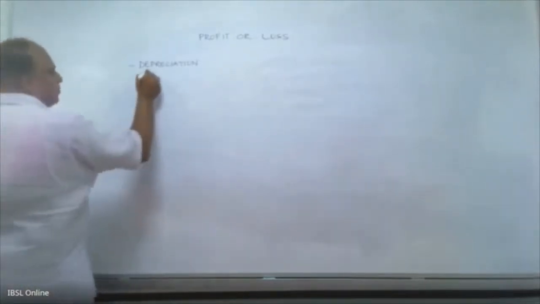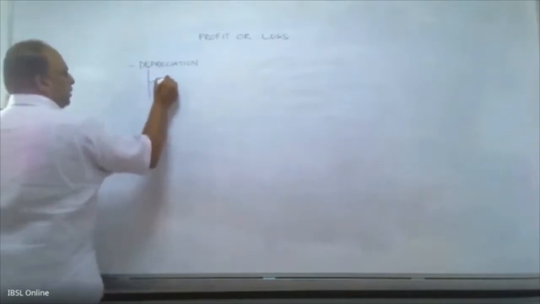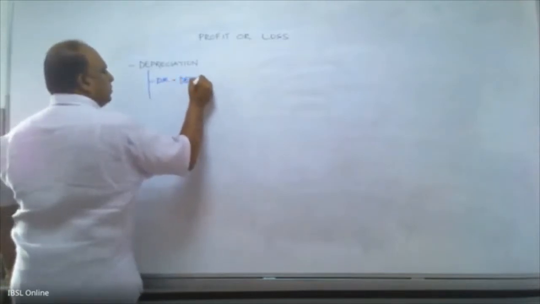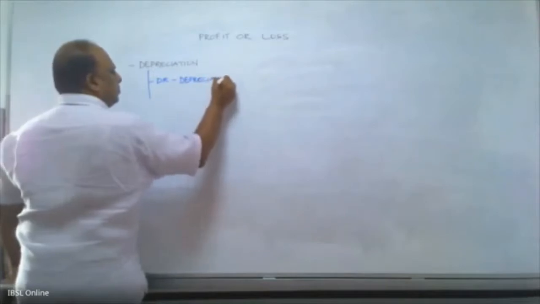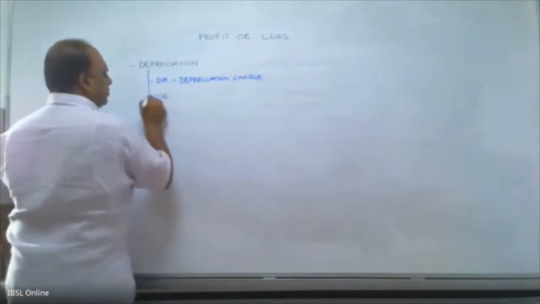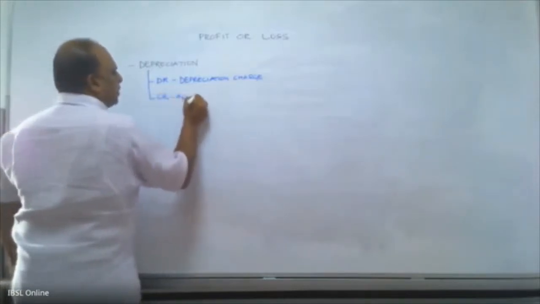I'm asking about depreciation, why is it a non-cash item? Because when you make depreciation, what is the double entry that you will post? Debit, depreciation charge, and credit, accumulated depreciation. Am I correct?